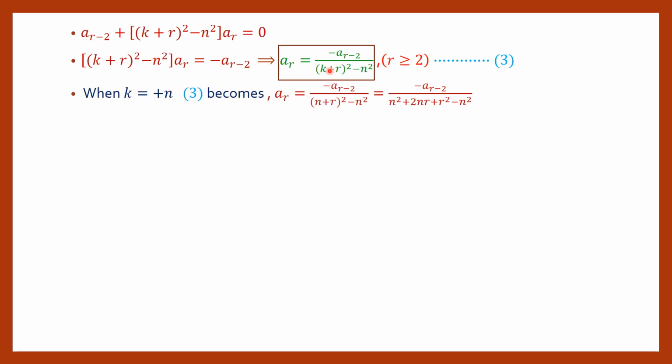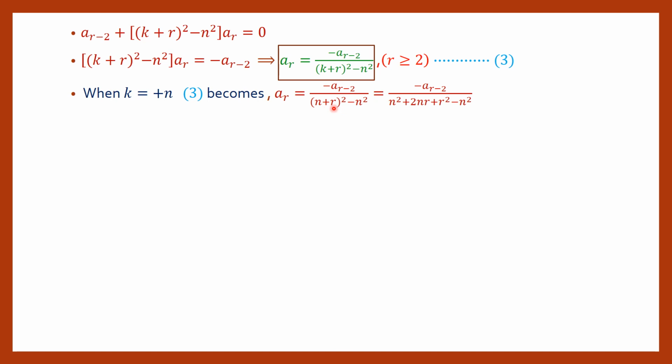Now we already concluded k equal to plus or minus n. Now if you take k equal to plus n in equation 3, this will reduce to ar equal to minus ar minus 2 by n plus r whole square, because k replaced by n, minus n square. Here n plus r whole square is of the form a plus b whole square.